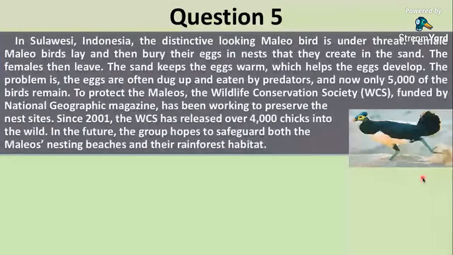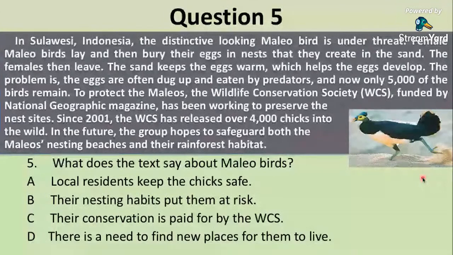Yes, thank you, Sandy. So the question is, what does the text say about maleo birds? So which statement is correct? A, B, C, and D. Camillus is very fast.